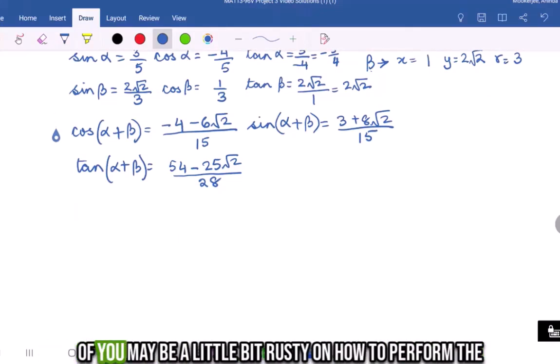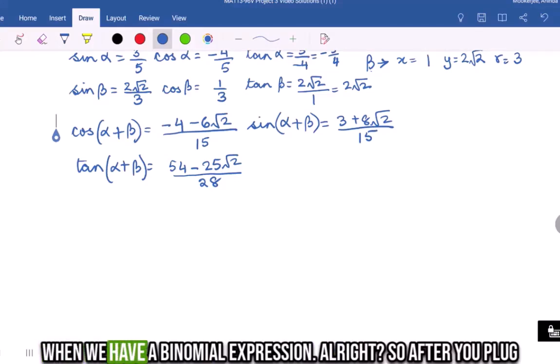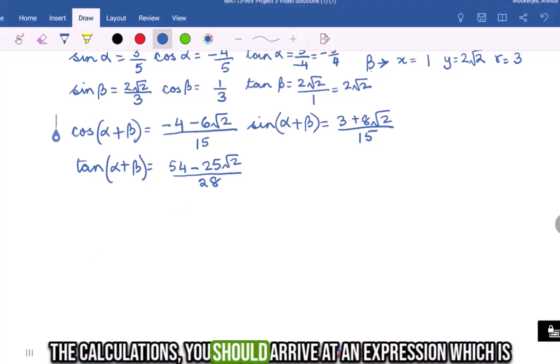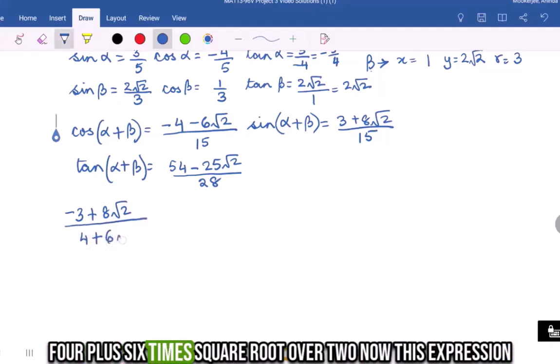Because some of you may be a little bit rusty on how to perform the rationalization when we have a binomial expression, all right? So after you plug in the values into the formula for tan of alpha plus beta and do the calculations, you should arrive at an expression which is negative 3 plus 8 times square root of 2 divided by 4 plus 6 times square root of 2.